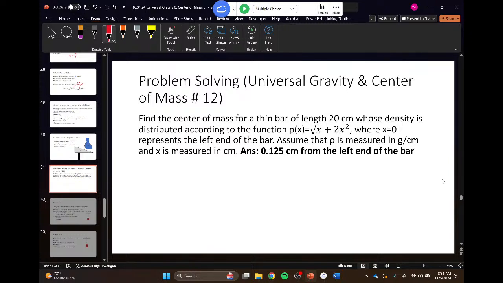Integrate over the bar. Oh, sure, what happened there? Yeah, do it yourself.